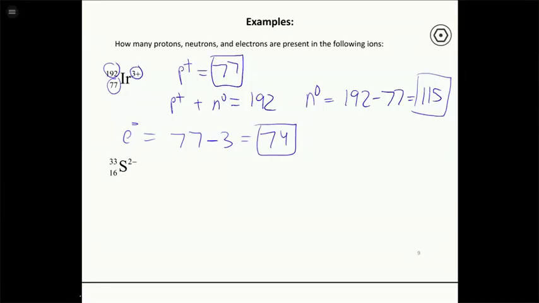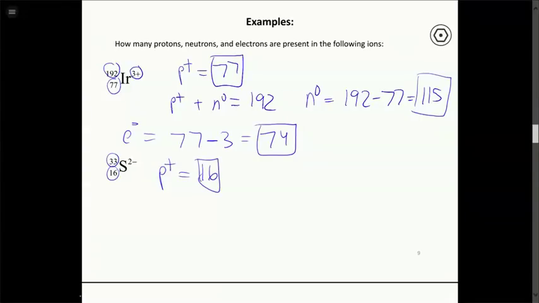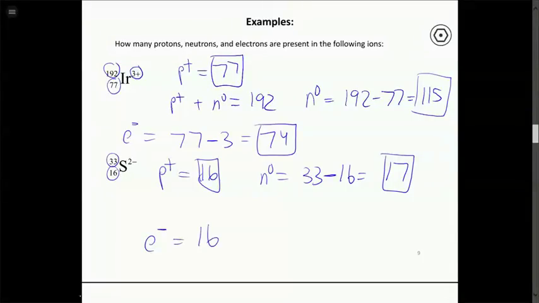And then same thing for a negatively charged ion, sulfur 2 minus, sulfide. Again, we look at the mass number and the atomic number, which are given on the left, to find the number of protons, which is 16. And then the number of neutrons, which is that mass number, 33 minus 16. So we have 17 neutrons, 16 protons. And then to find the number of electrons, we have 16 protons.